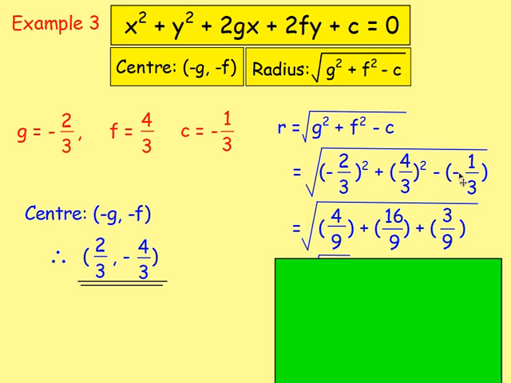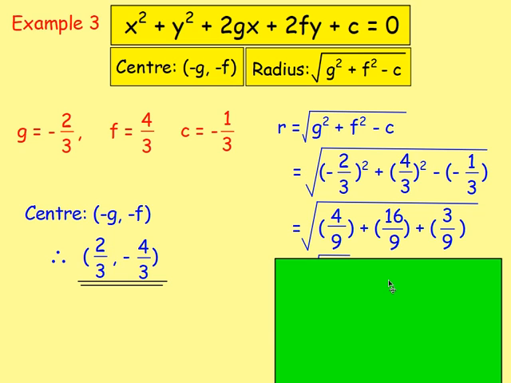What you'll notice though is that you have something over 9 plus something over 9 plus 1/3. So you may wish to change the 1/3 into ninths. To change 1/3 into ninths, just multiply the numerator and denominator by 3. Doing that, you will then have plus 3/9. If you do that, it makes the next bit so much easier.